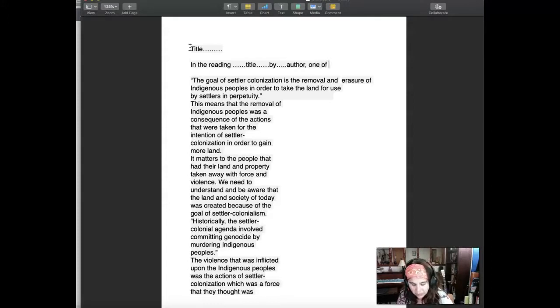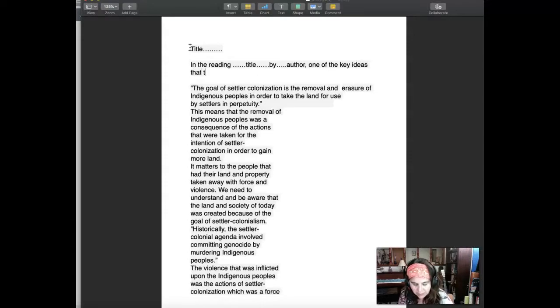One of the key ideas that the author reviews or analyzes is settler colonialism. So that's my opening.